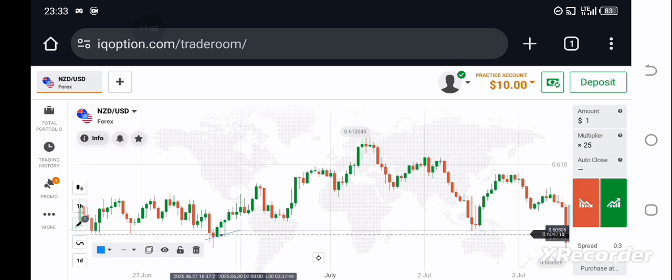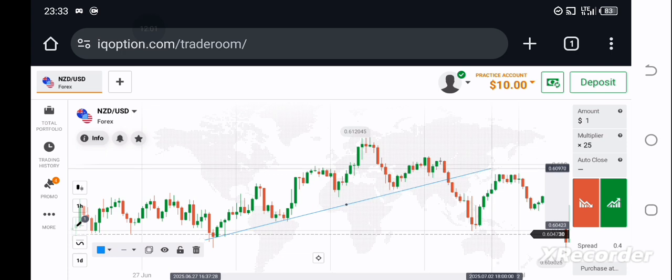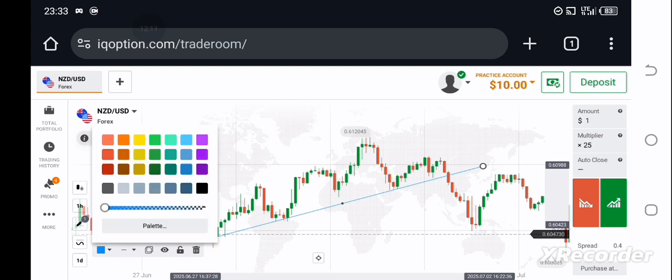You can see now this is an uptrend. If you look carefully, you realize that the market is respecting the level.